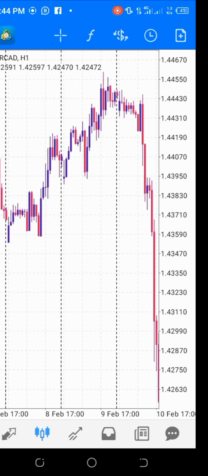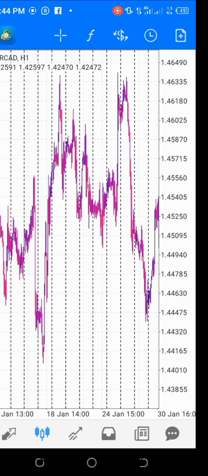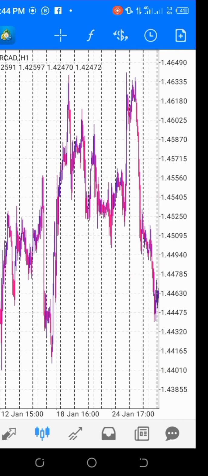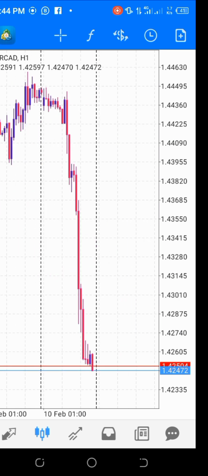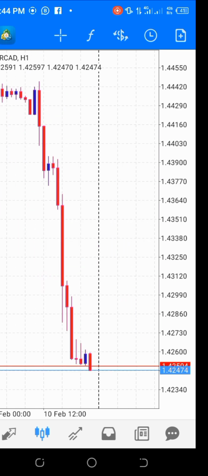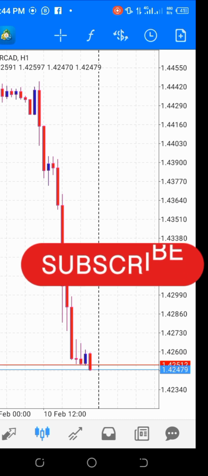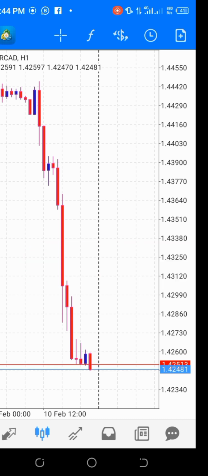If you look at the chart, trading is all about doing analysis using the chart. If I look at this chart, I'm going to see that it has fallen too much. It is Euro CAD, the European currency versus the Canadian currency.